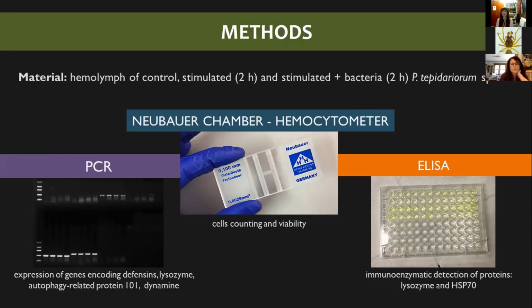The first one was a PCR reaction, in which we checked the expression of genes encoding defensins, lysozyme, autophagy-related protein, and dynamin proteins. Then the next one was an ELISA test, an enzyme-linked immunosorbent assay, and we detected the proteins. The first one was lysozyme, the second one was HSP70, which is a heat shock protein.